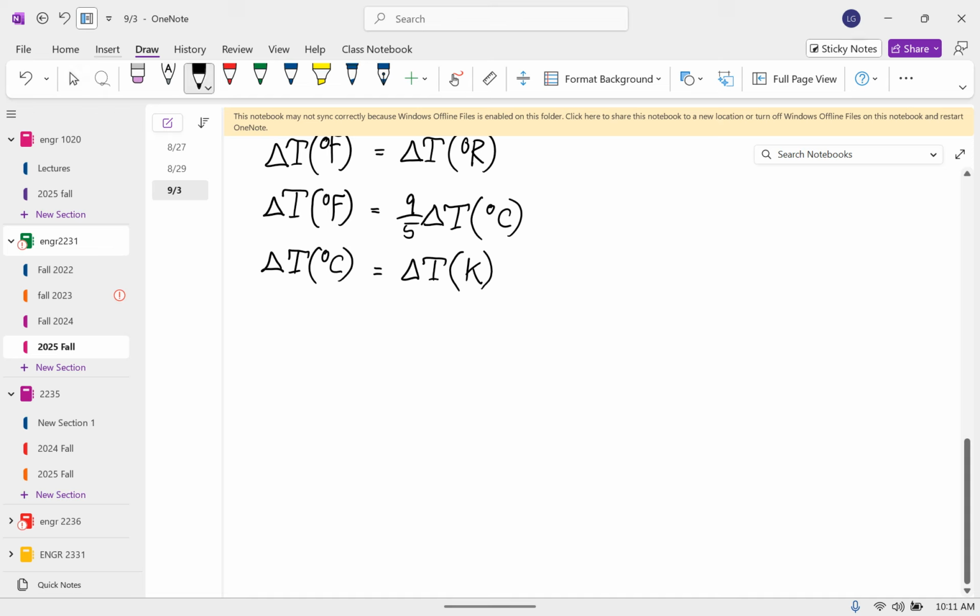Okay, so just a quick example. So first, let's say the temperature is 305 Kelvin. What's the temperature in Celsius?